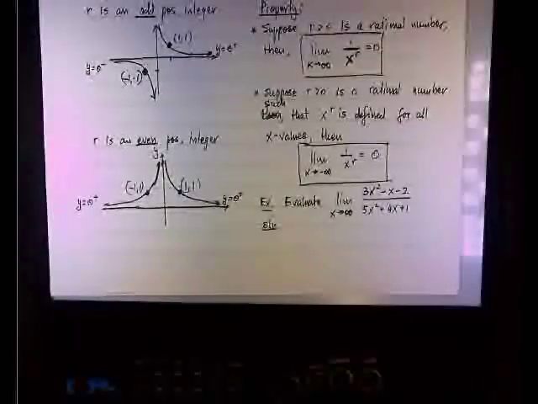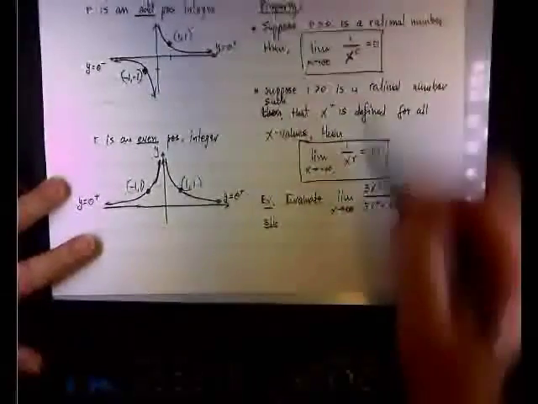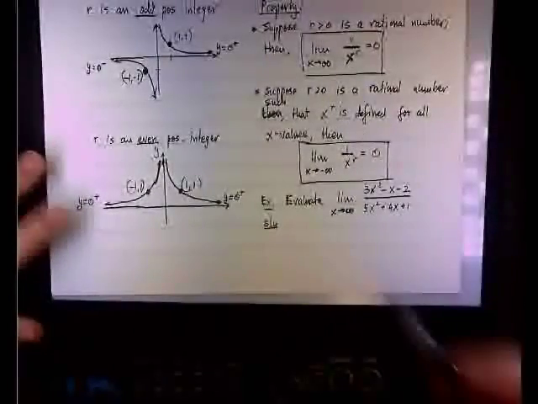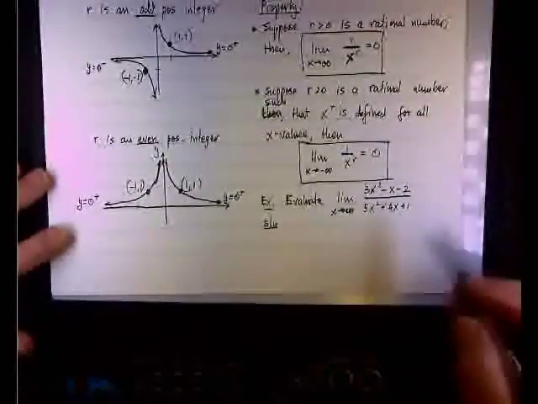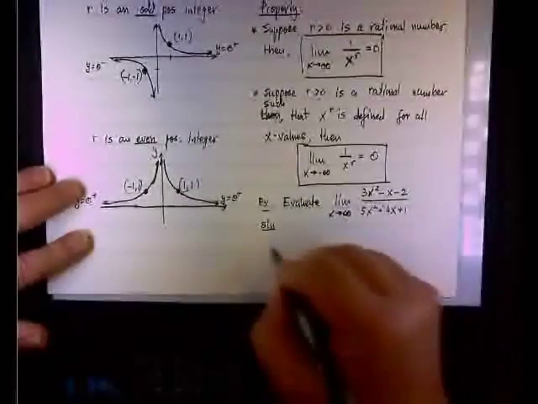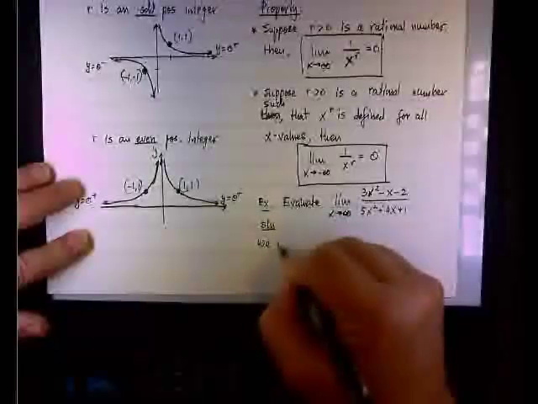So, remember, the name of the game is to express whatever we have here in terms of 1 over x to the r. In this case, we want to express it as 1 over x squared. So let's write the strategy here.